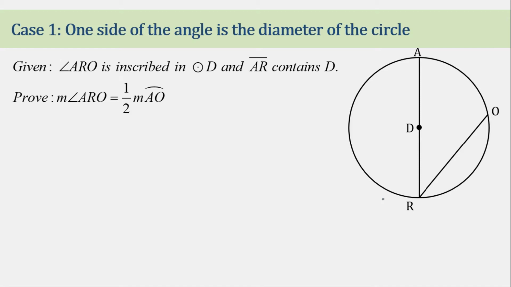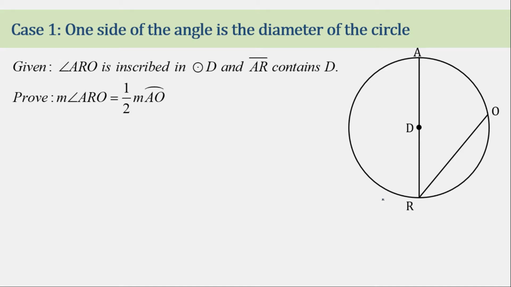Here, the diameter is a side of the inscribed angle. Given angle ARO is inscribed in circle D and AR contains D, that makes AR a diameter. Now let's prove that angle ARO is equivalent to one half of the measurement of arc AO.